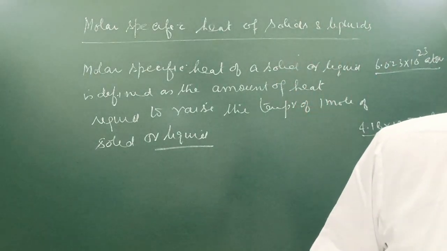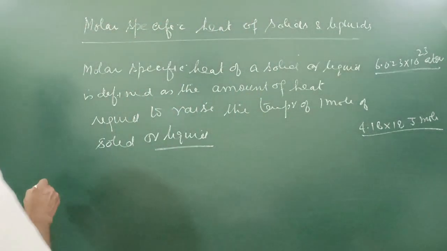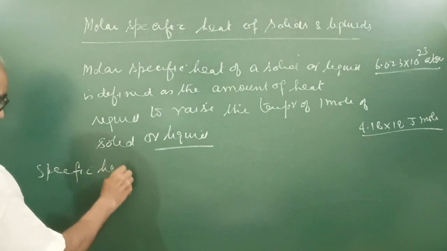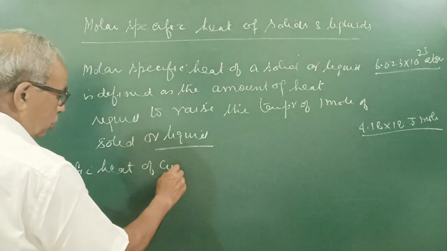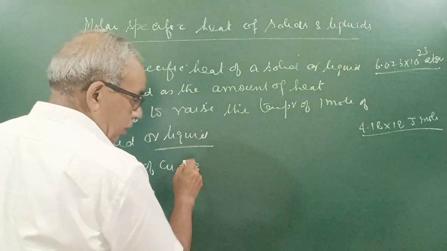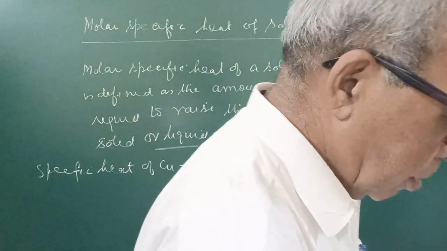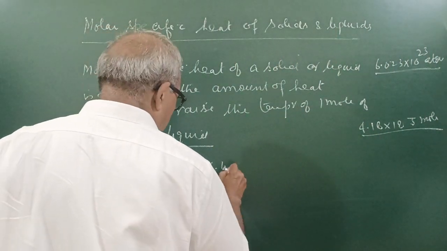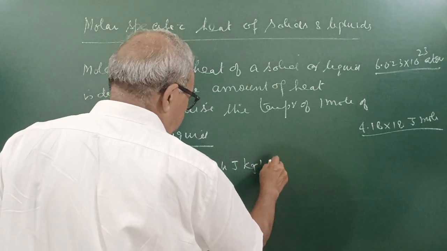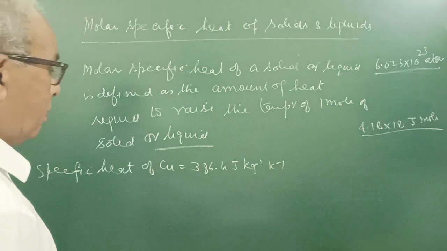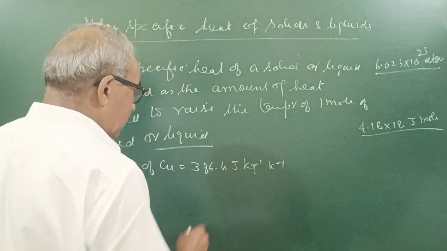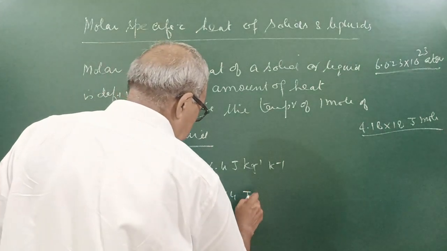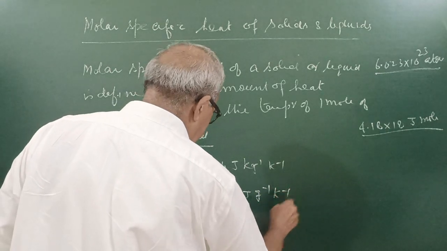Per gram it will be 0.3864 joule per gram per Kelvin.